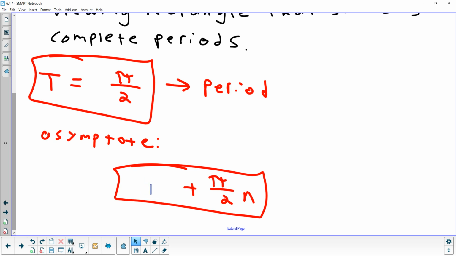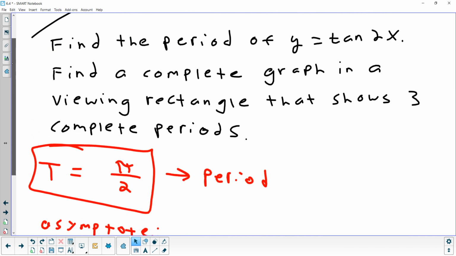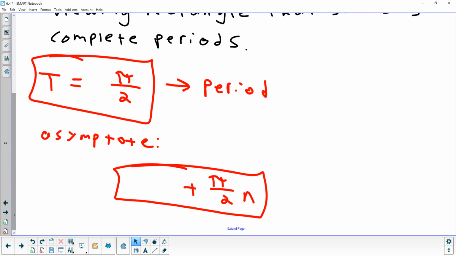I need to figure this out. So, for tangent, can somebody remind me what's the first asymptote that you hit in the graph of tangent? Yep. Pi over 2.